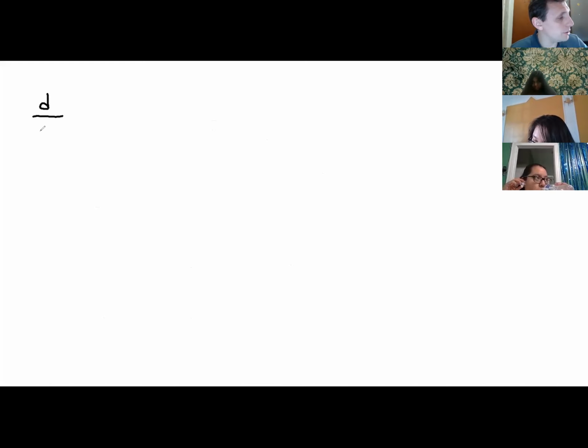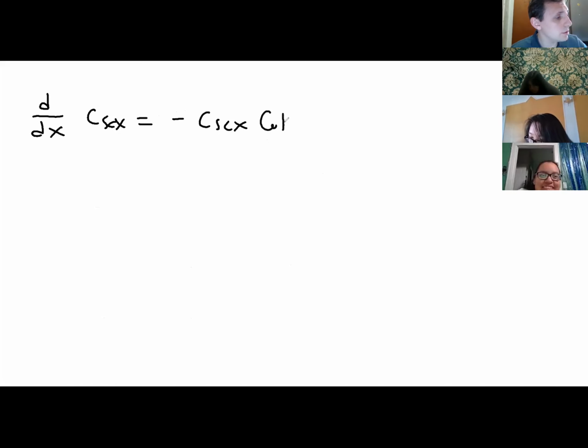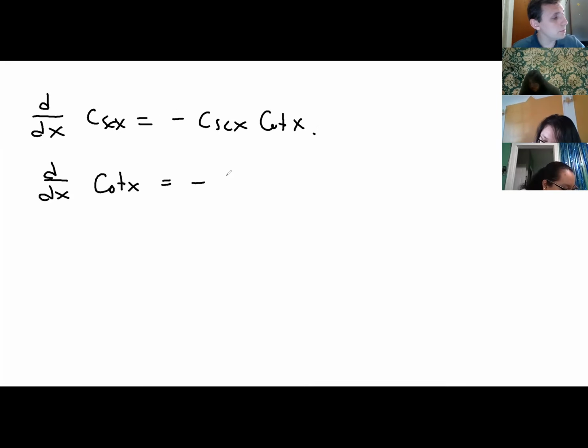So we now have only two remaining, right? So the derivative of cosecant x is going to be minus cosecant x cotangent x, and the derivative of cotangent x is going to be minus cosecant squared x, as you should verify.